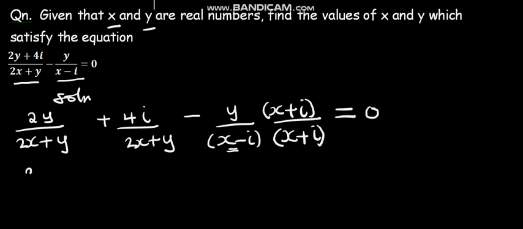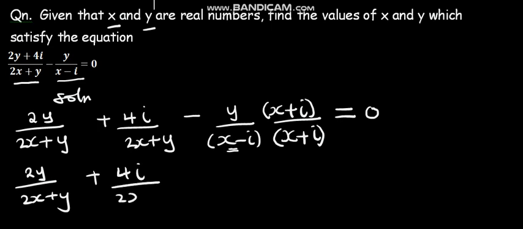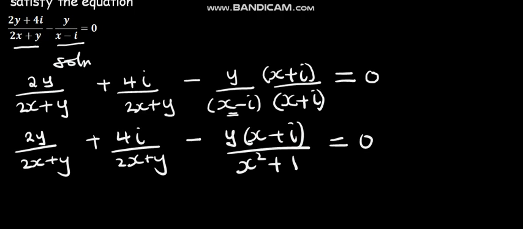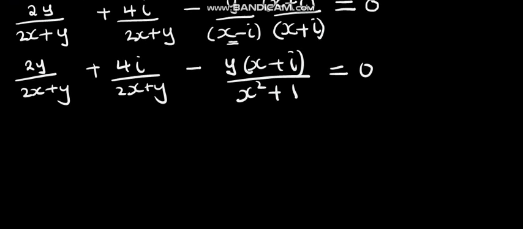So we shall have 2y/(2x + y) plus 4i/(2x + y) minus y(x + i)/(x² + 1). The resultant will be equated to 0. Hope we are following.